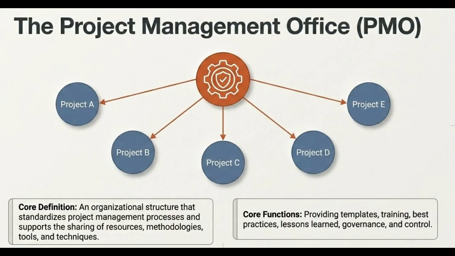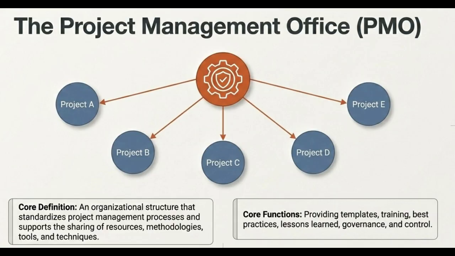A supportive PMO provides support to project managers. It may provide templates, training, best practices, lessons learned, or guidance. But it has a low level of control. A controlling PMO provides support, but also requires compliance with specific frameworks, methodologies, tools, or forms. It has a moderate level of control.